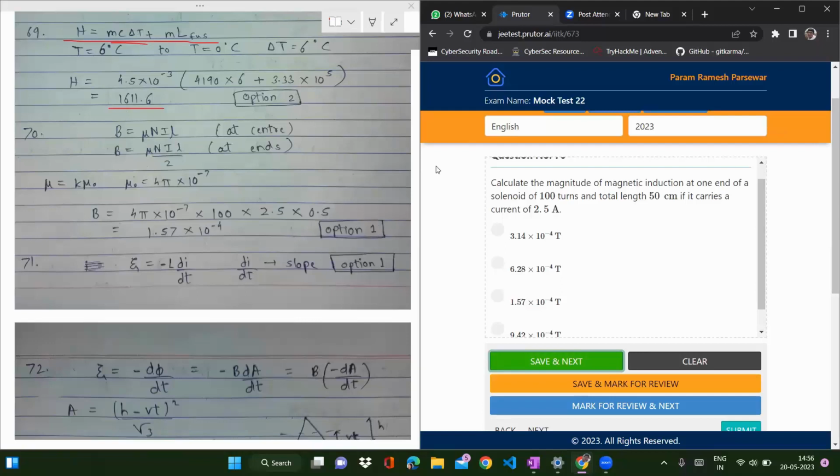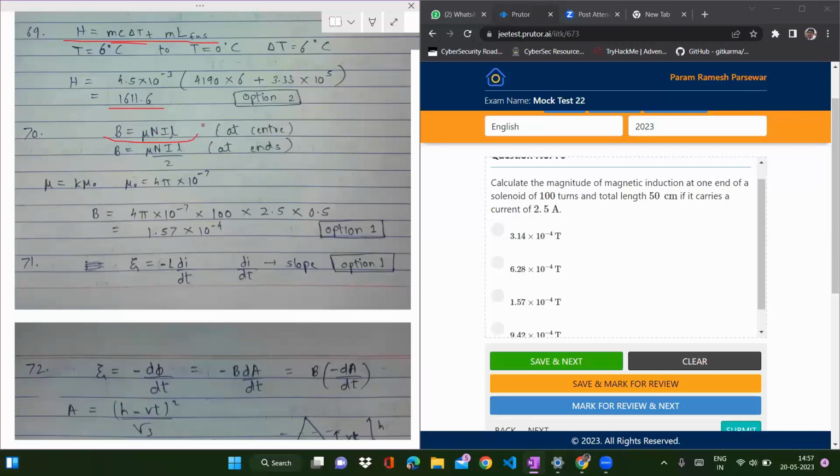So we know the formula for the solenoid: the magnitude of magnetic induction is given by mu into N I by L, where mu is k mu 0, k is the relative permeability and mu naught is the absolute permeability, which is nothing but 4 pi into 10 to the power minus 7. Here N is the number of turns in that solenoid, I is the current which is passed, and L is the length of the solenoid.